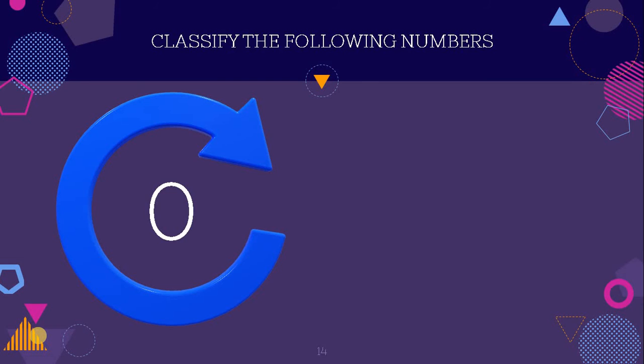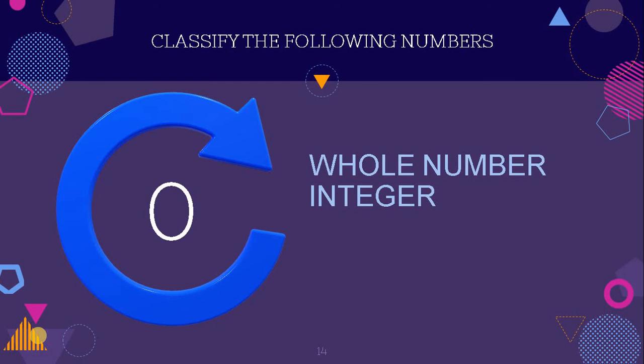The first one is 0. Can you remember what 0 is? Yes, it's a whole number, an integer, a rational, and a real number.